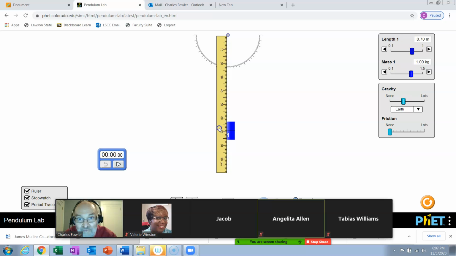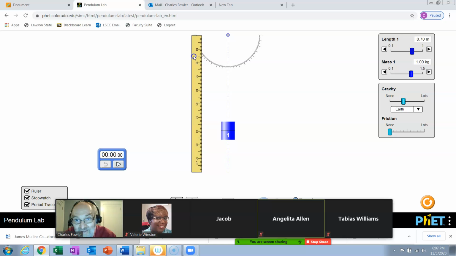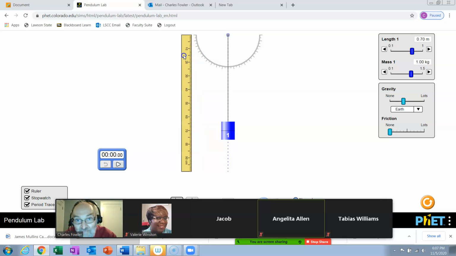Now you see the pendulum length, you see that little line there? That's right at 0.7 meters. So that's where that 0.7 comes from, right? So now I'm going to move this back to here, the left part of the arc. That's at the same level.